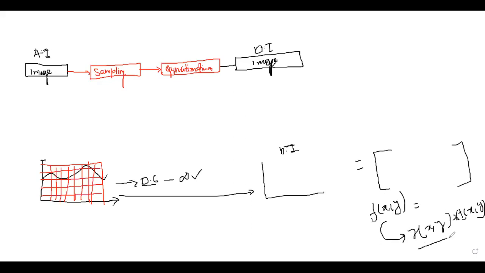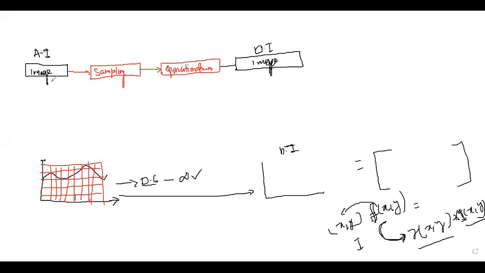One is r of xy, which gives your spatial coordinate. The second one is I of xy, which gives the intensity at that particular coordinate, or I say the amplitude of the function f of xy. So f of xy क्या है? दो चीज यहाँ पे है. एक तो आपका स्पेशल कोऑर्डिनेट है x and y. Now the second thing is your intensity at that particular coordinate.